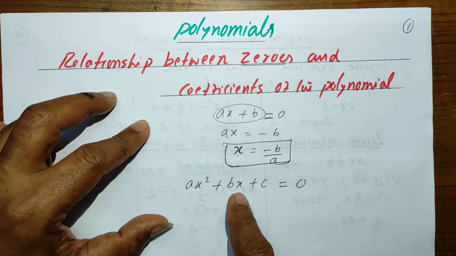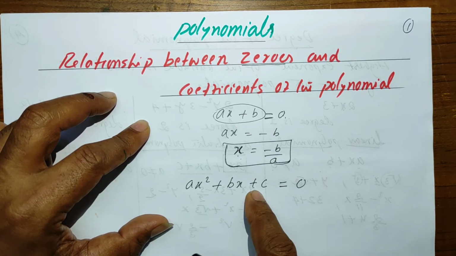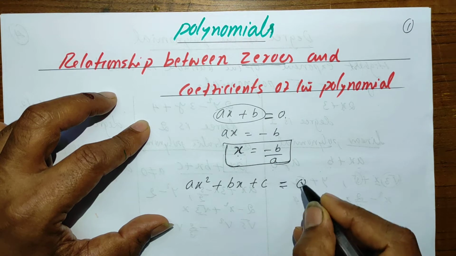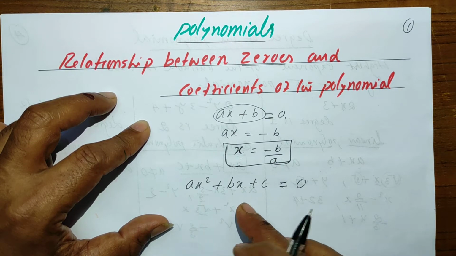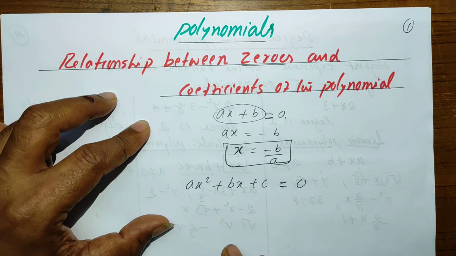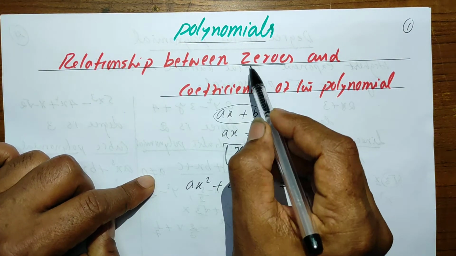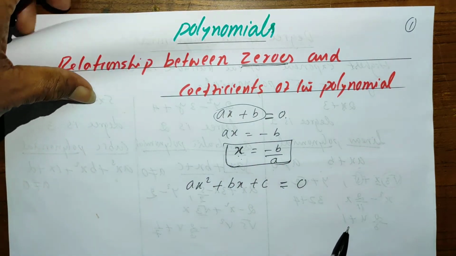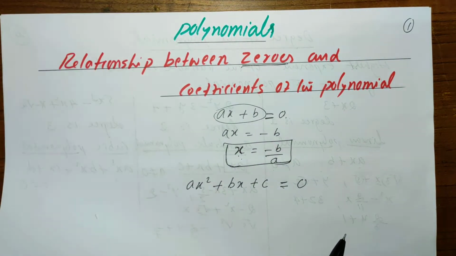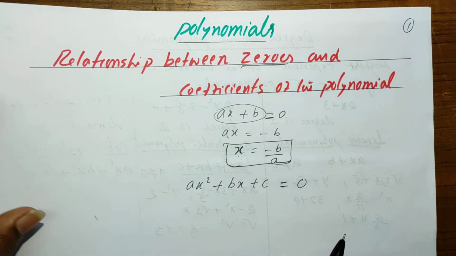Instead of equating the entire polynomial to 0, you can equate the factors to 0. So let us try to find out the zeros of a quadratic polynomial. One example I will give you.